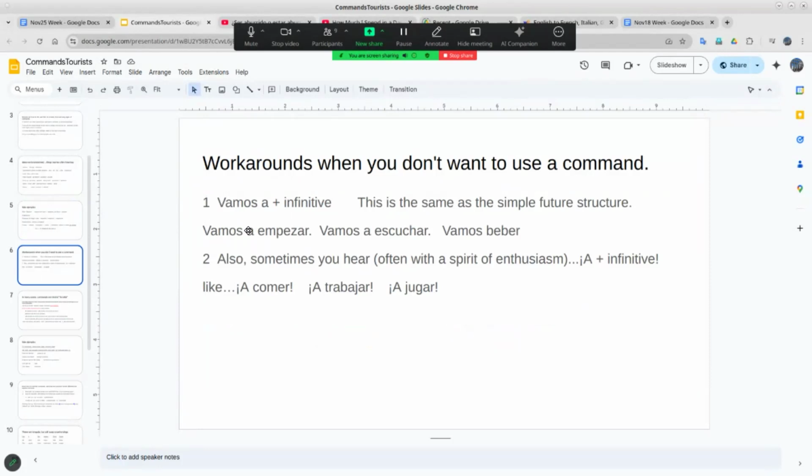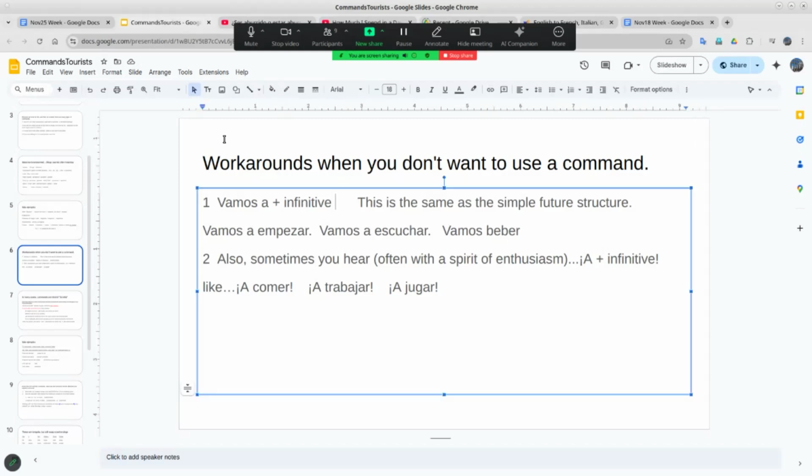One thing you should notice, and this happens a lot in the video with the couple having their small argument. There were a ton of these, which is why we're going to do the little walkthrough, so that you notice what they're doing. Vamos a literally can mean we're going to, a future idea.